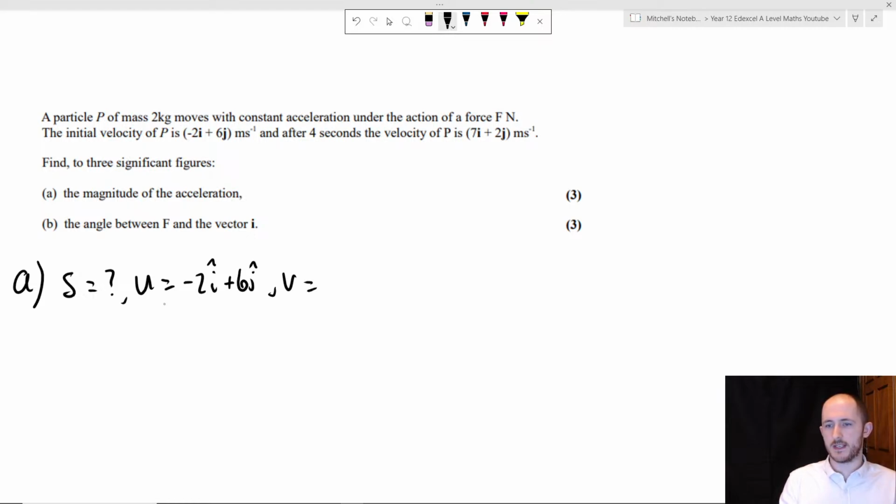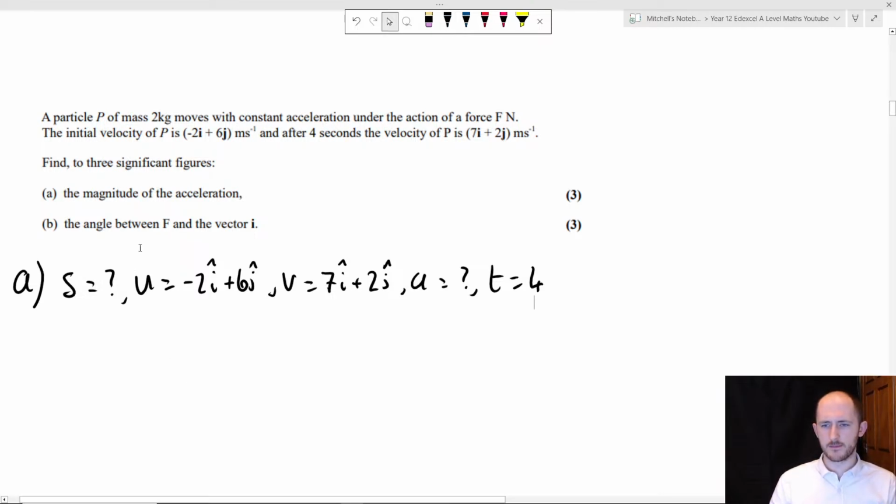Our final velocity is 7i plus 2j. Our acceleration is what we're looking for. And the time is equal to 4 seconds. So we want an equation that links v, u, a, and t. So that is going to be v equals u plus at. And we can work it out from there.